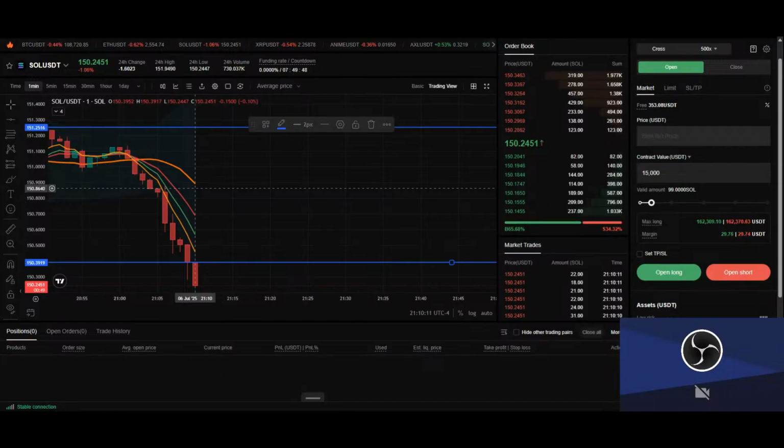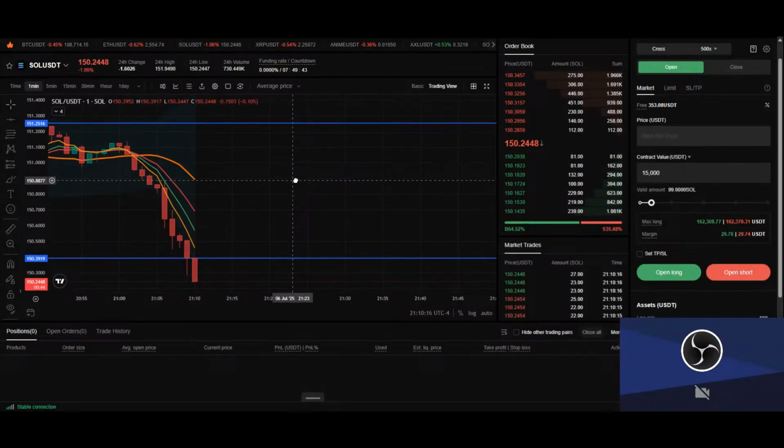Man, they haven't even broken towards each other yet, but I'll get in this trade, and I just don't want to get in.